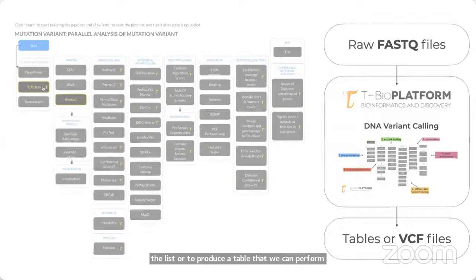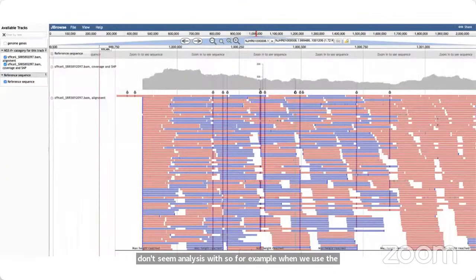So for example, when we use the FASTQ files generated from shotgun sequencing or high throughput NGS sequencing like Illumina, we will generate lots and lots of short reads that are sequenced from randomly selected fragments of DNA or RNA.